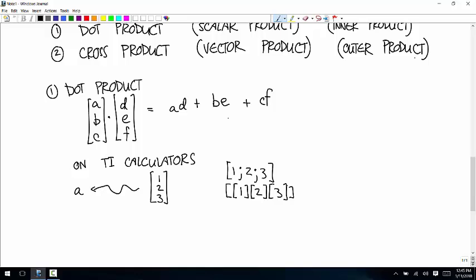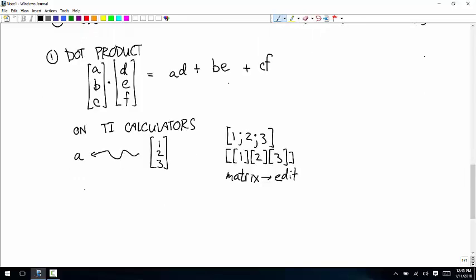You have to go to the matrix thing and go to edit, and so I'll just write it as matrix edit. And let's say that the variable b has the vector in it 4, 5, 6. That makes sense. You can use that same format for it.